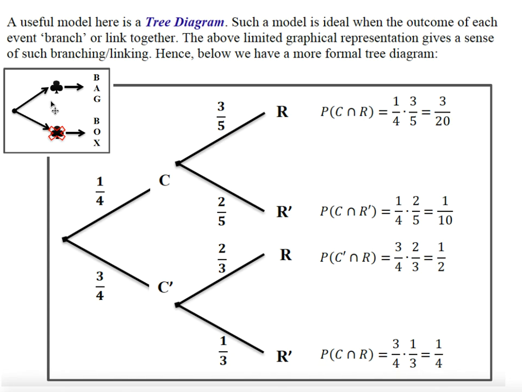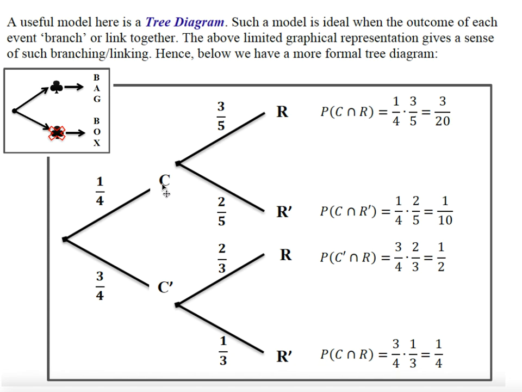So there are no jokers in this deck. So your chances of pulling a club from that deck of 52 cards is 13 chances out of 52, which reduces to 1 out of 4. Your chances of not getting a club, and it's nice to use this kind of complement notation, would be 3 chances out of 4, and these always have to sum up to give you the value of 1.